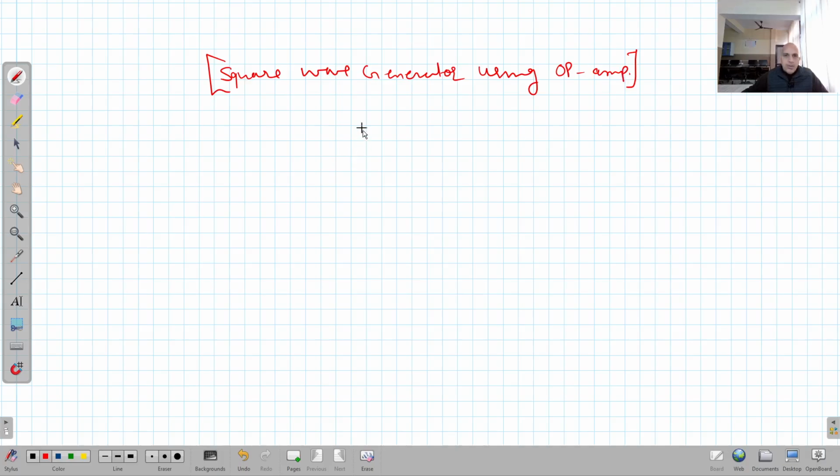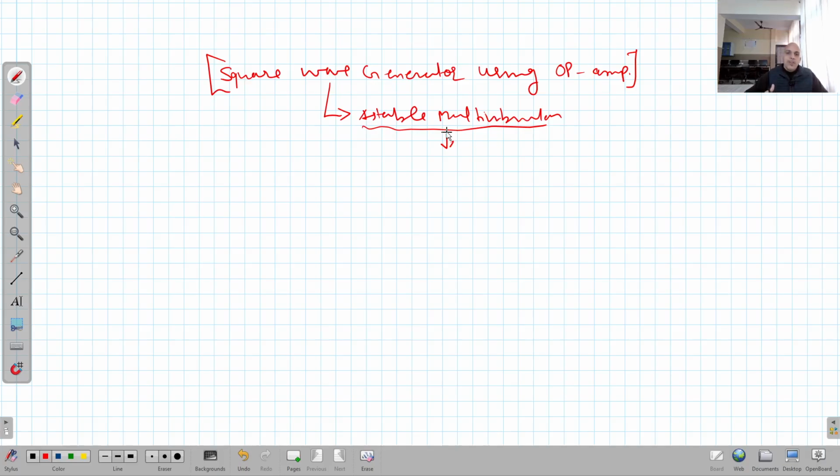Now, we know a square wave generator, we can say it is an astable multivibrator, because the astable multivibrator does the same thing. What does it do? It generates continuous square waves without any external input signal. Right?